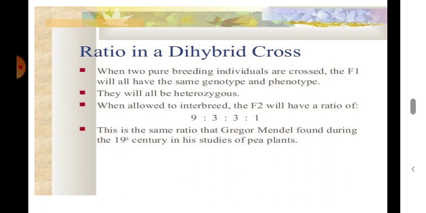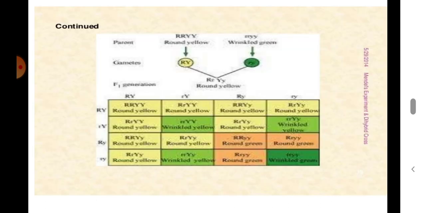the pea plant. So, in the case of the dihybrid cross, Mendel crossed 2 parent pea plants. One of them was homozygous for round and yellow seeds, capital R, capital R, capital Y, capital Y. The other had wrinkled and green seeds, small r, small r, small y, small y.